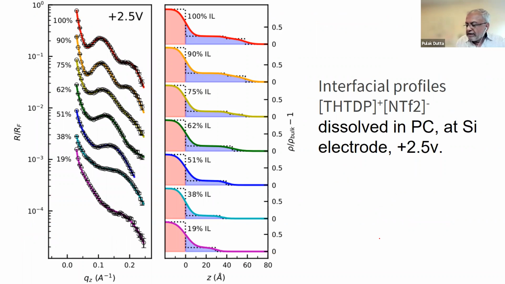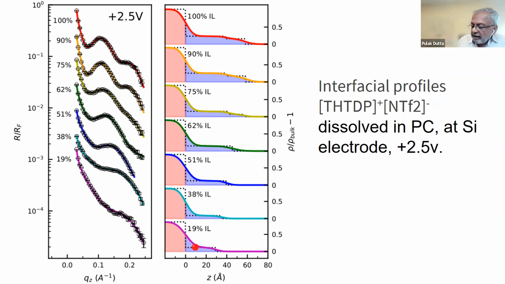So this is the same ionic liquid dissolved in PC, the same polar solvent that was used in the Perkin data a minute ago, at different concentrations.